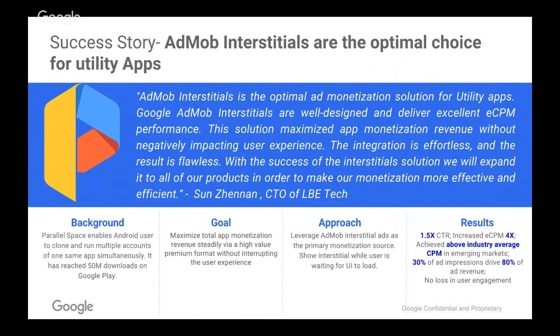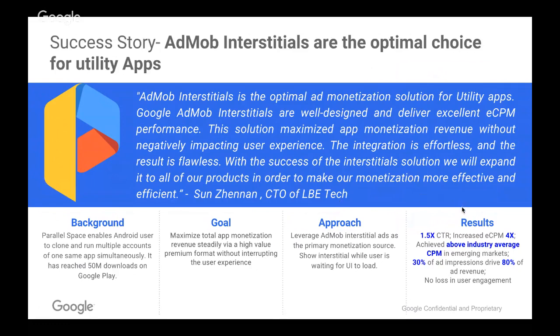It has also reached over 50 million downloads on Google Play. For this partner, many of their audience are based in emerging markets, especially in India. And within India, we've witnessed a very high eCPM.